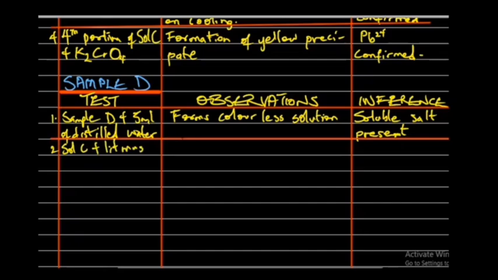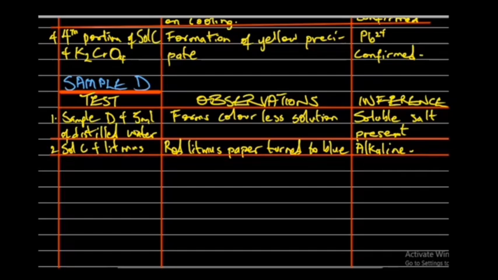This time around we discovered that red litmus paper turned to blue. So this invariably told us that we have an alkaline or basic substance in that particular sample. And then we went further to carry out our next test.